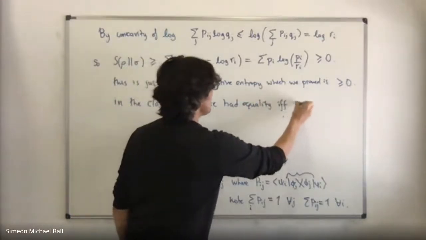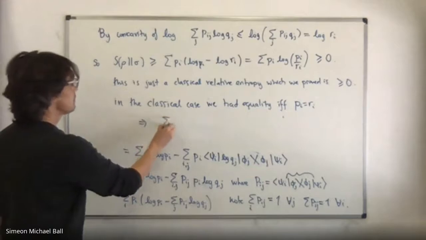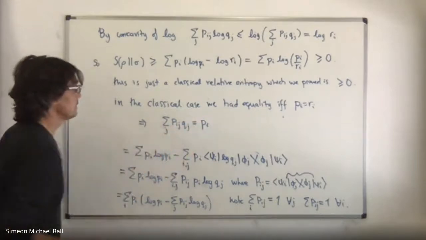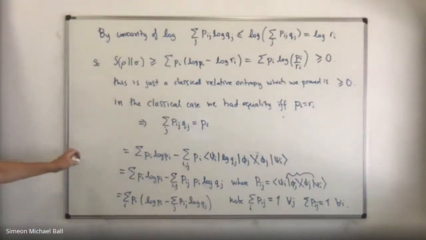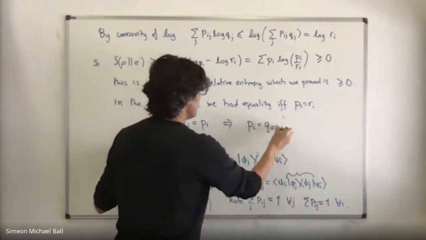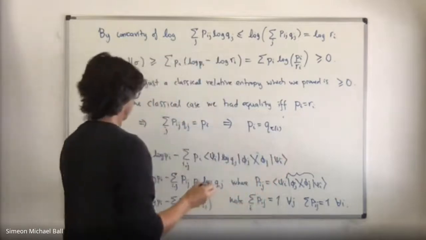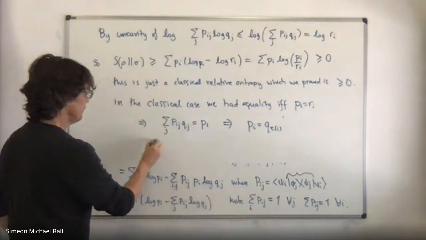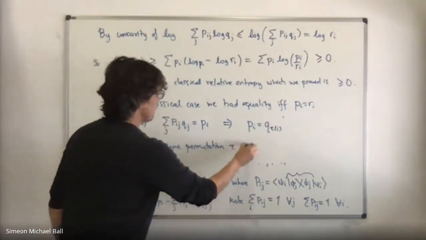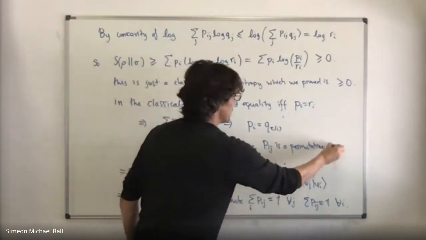if Pi is equal to Ri. But what was Ri? Ri is equal to this side of the chart. So if we always have equality, we need that Pi is equal to Q of tau I, for some permutation.